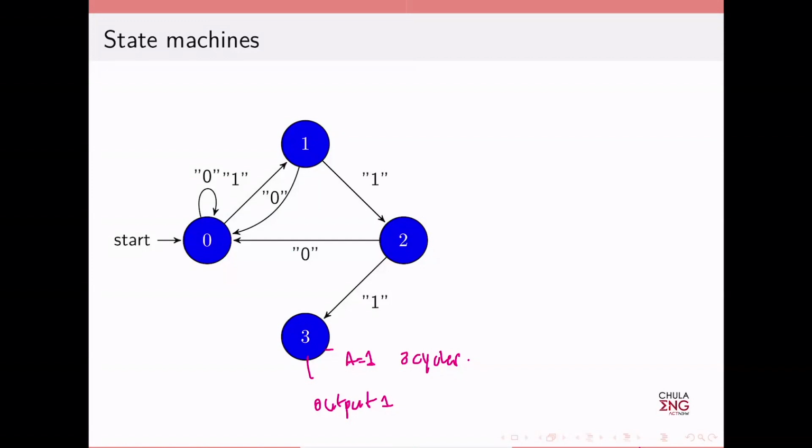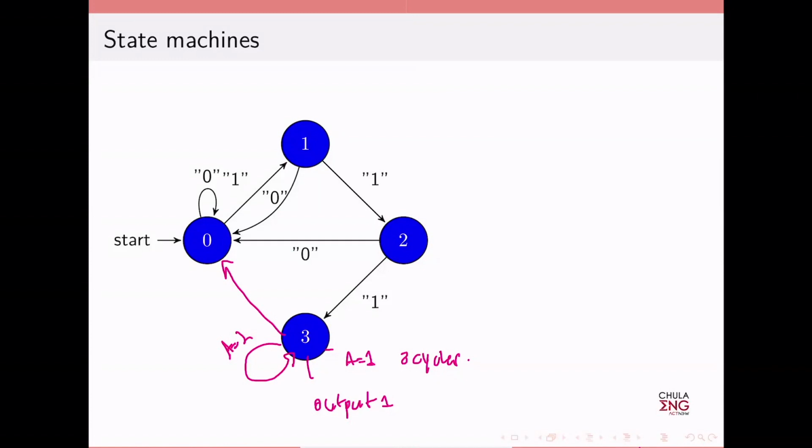What happens if A is 0? Okay, from here, if A is 0, you go back to the beginning. And if A is 1, you just stay here, right? So if A equals 1, it should stay here.